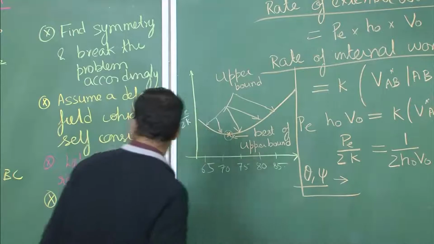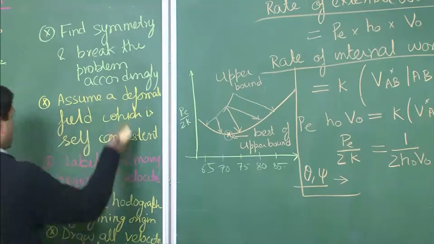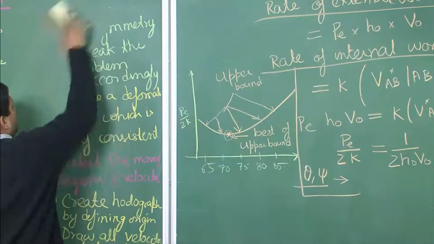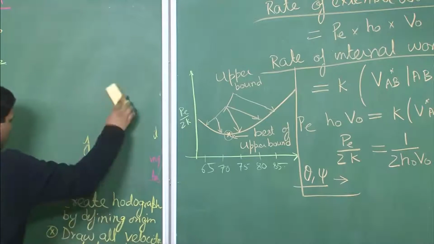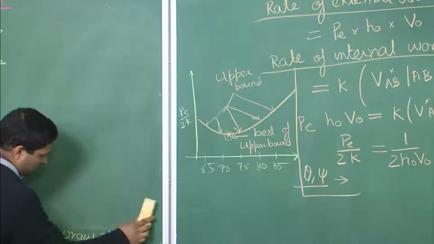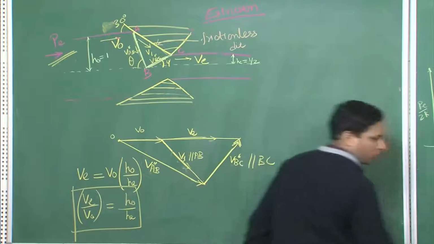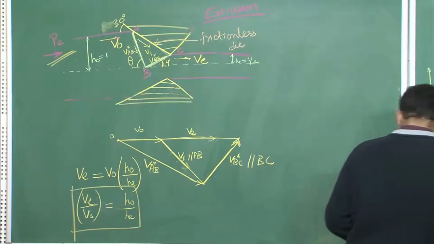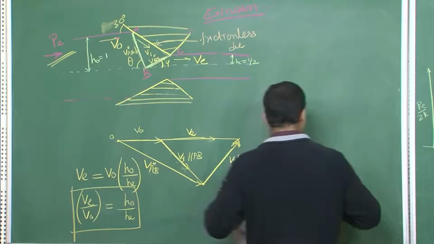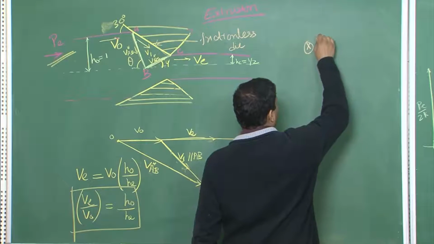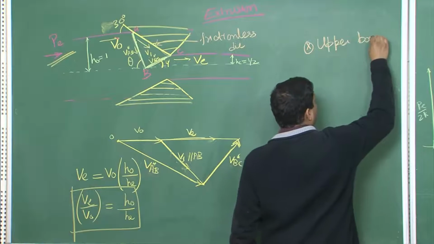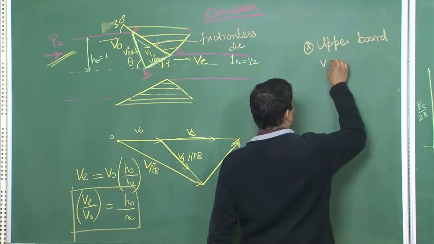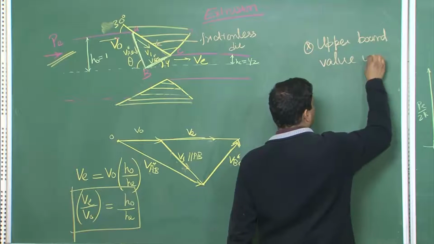Let me write it down over here. So, these are the guidelines. If you follow these guidelines you would be able to create the hodograph and hence solve the problem. What we learnt from this: one is that the upper bound value is not unique.